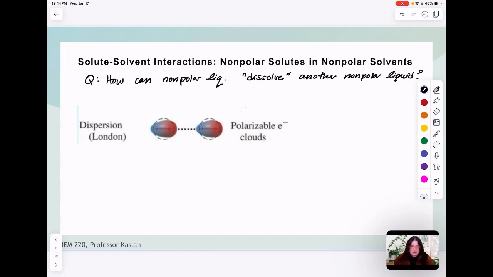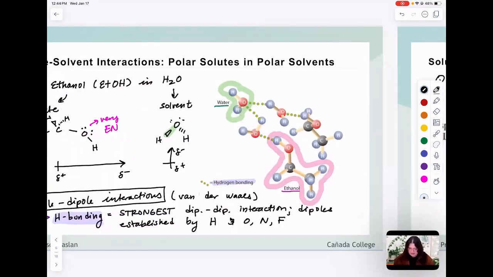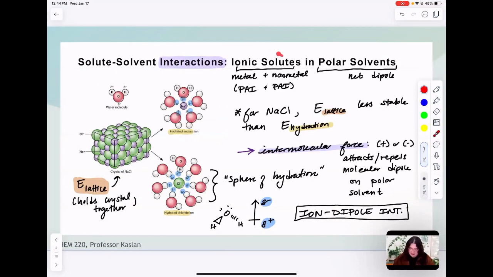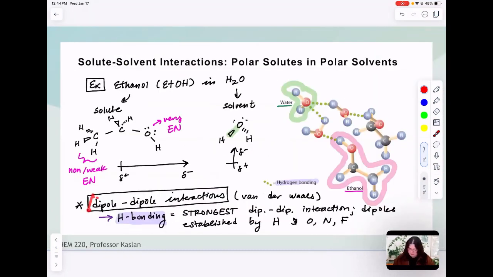Because it was pretty evident when looking at polar solutes and polar solvents and ionic solutes in polar solvents that we were looking at some really strong charge interactions, either between an ion and a dipole or between two dipoles themselves. So it was innately a charge interaction.